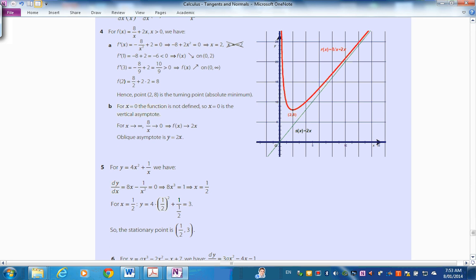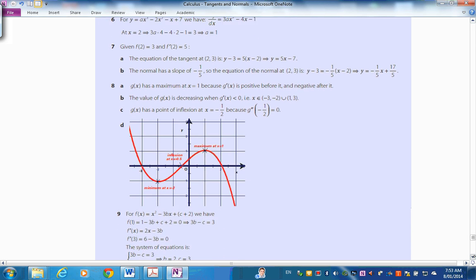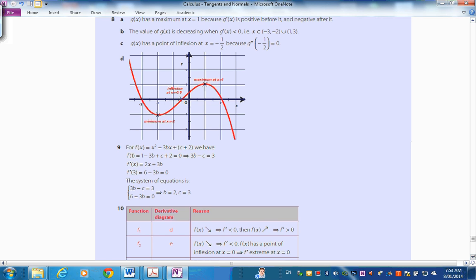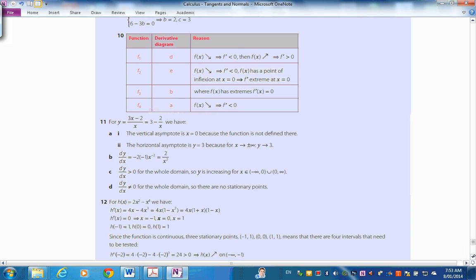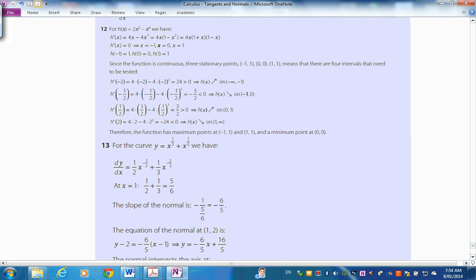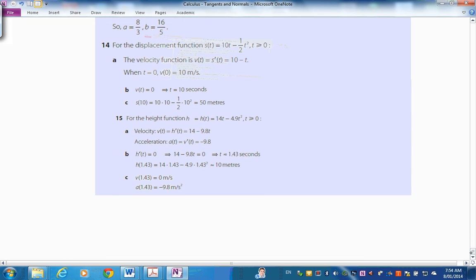A and B. 5, 6 and 7. 8 and 9. Is that derivative question, question 10. 10 and 11. 12. 13. 14 and 15.